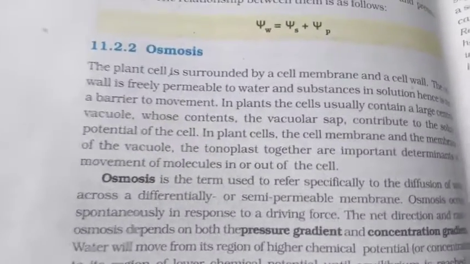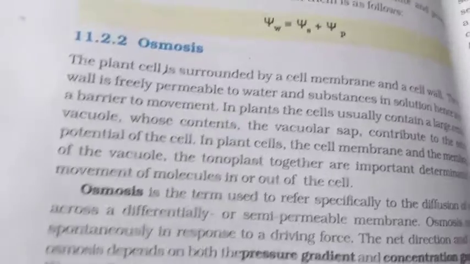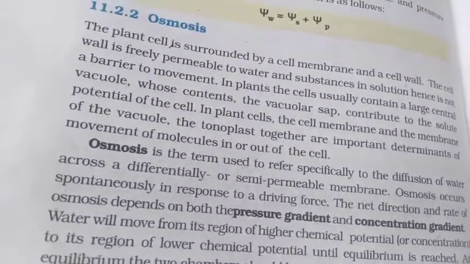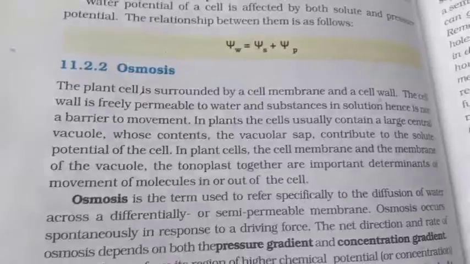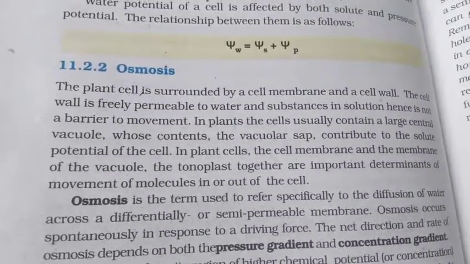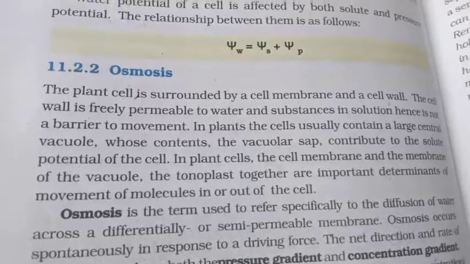The substances which are dissolved in the water also get through the cell wall easily. Hence, it is not a barrier to movement. This means that the cell wall does not oppose the movement of either the solution or the water through it.